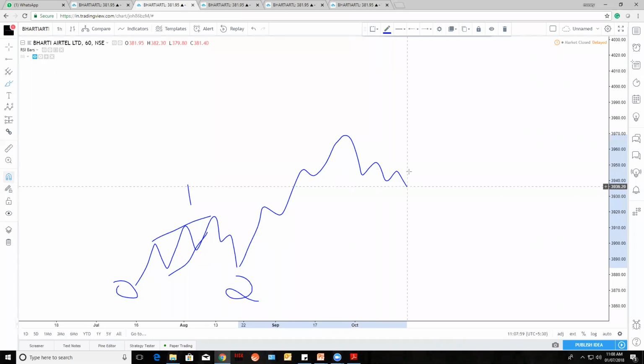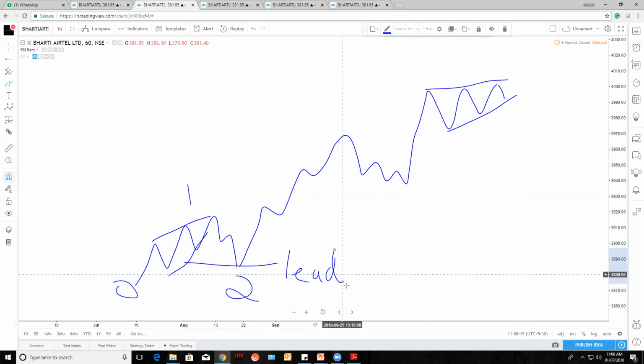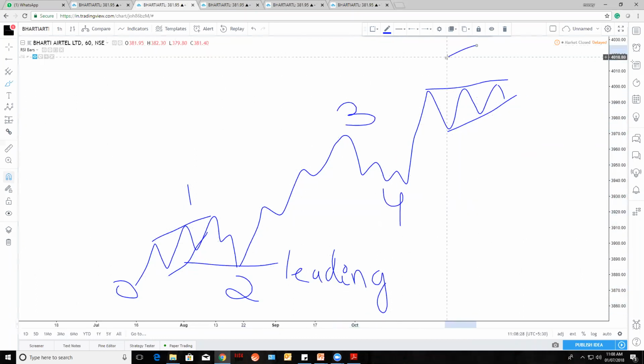Let's say after that it moved like 1 2 3 4 and 5. This is your leading diagonal, because it comes in the first wave. This is your third wave, your fourth wave, and your fifth wave.